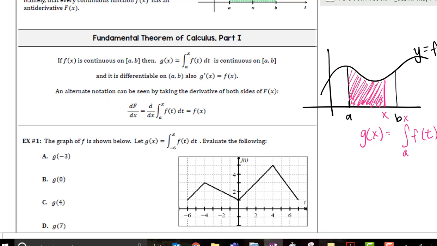The alternate way is by saying it all stems from this idea of f of x and f prime of x, so we're connecting this whole idea of an antiderivative.